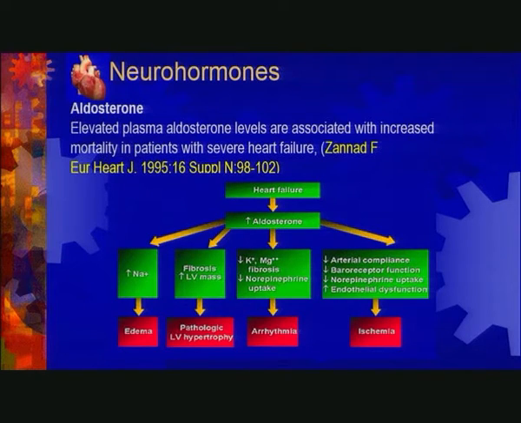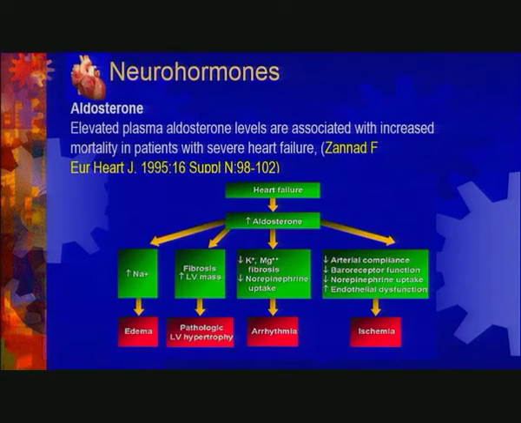Aldosterone is another hormone, which you know is secreted from the zona glomerulosa of the adrenal gland, and it is important in maintaining the sodium level in the blood. That's why in this event it is stimulated, and there is an increase in the secretion of aldosterone, which will lead to increased sodium level, which will increase the water also with it.